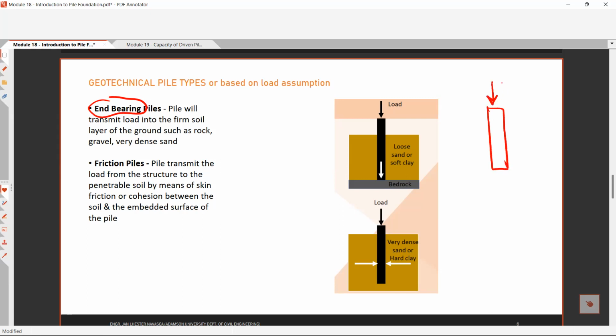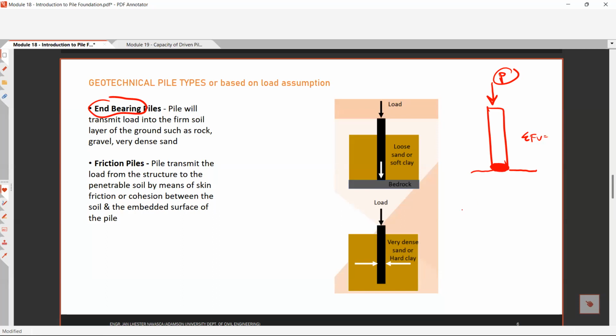Nag-load ka dito, let's say this is P, naabot mo yung assumption na very strong soil or yung bedrock. Okay, so as summation forces vertical or equilibrium, kung ano yung total force P dito, yun din yung force dito sa ilalim. So kaya siya tinawag na end-bearing kasi yung capacity niya is nakadepende lang doon sa end bearing.